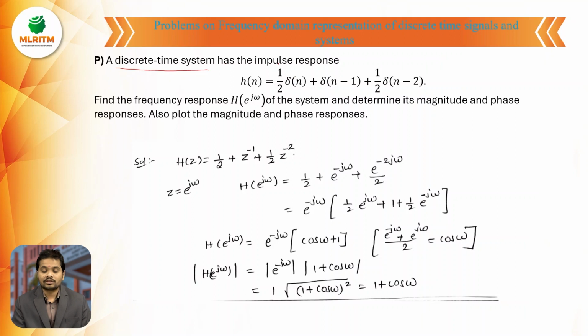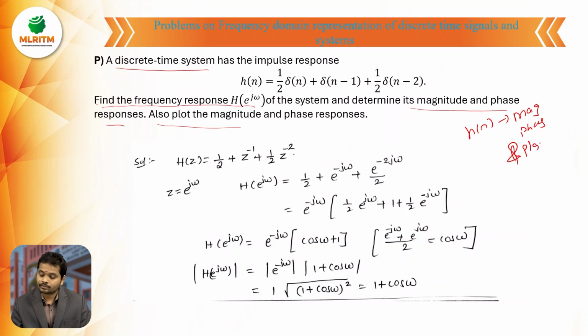The problem asks to find the frequency response h of e power j omega of the system, determine the magnitude and phase response, and also plot the magnitude and phase response. So you have to find the magnitude response, the phase response, and how to plot these two.